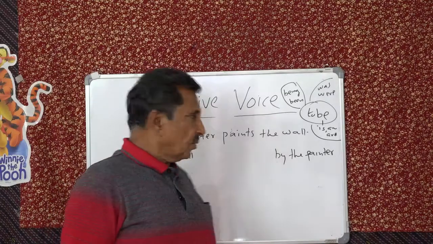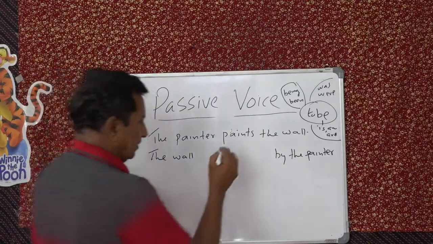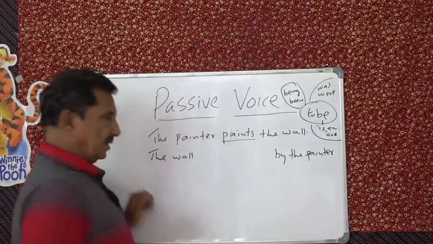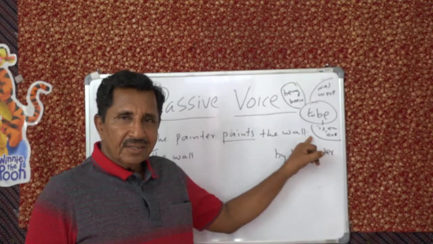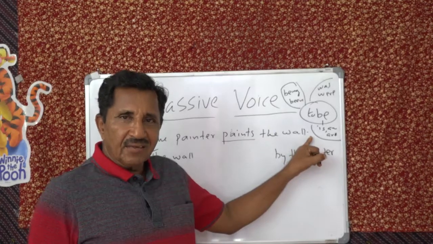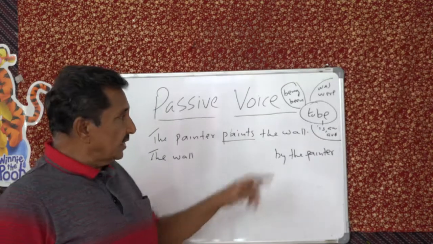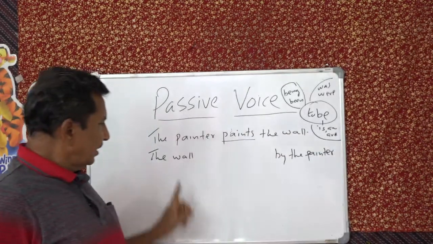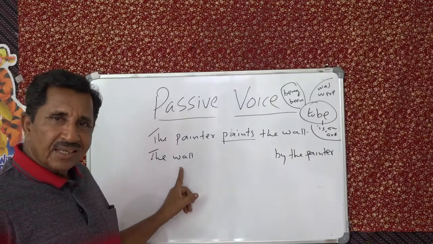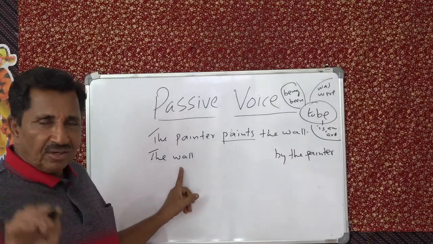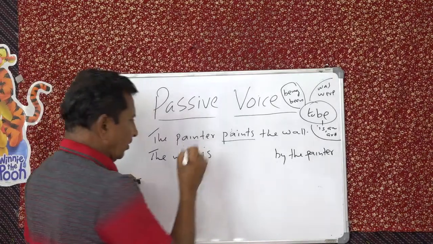Okay. So here we can see this is present. So which form of to be will you use here? Present form. Now who will decide whether it is is, am, or are? The subject. The new subject. What is it? It is third person singular. So you will write here is, one form of to be.